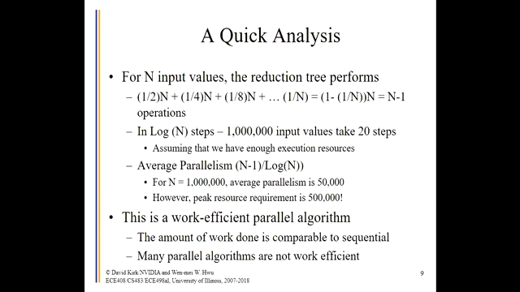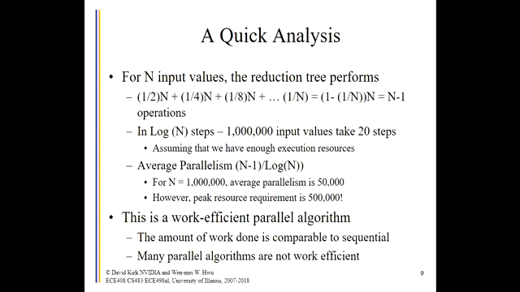For n input values, the reduction tree will perform half n operations in the first step. Remember, we need one operation for each pair of the original values. Then the second step will involve only quarter n operations, and the third step will involve only 1/8 n operations.